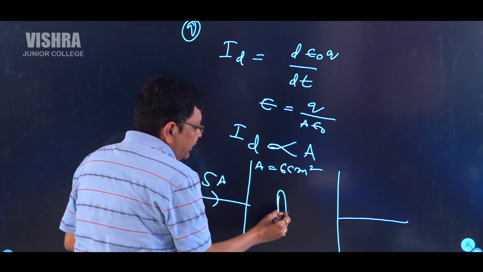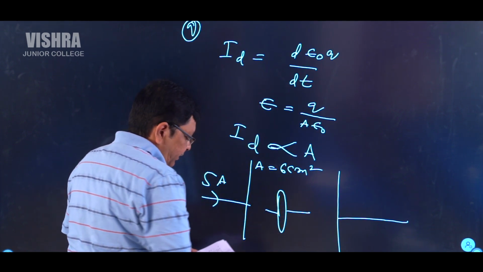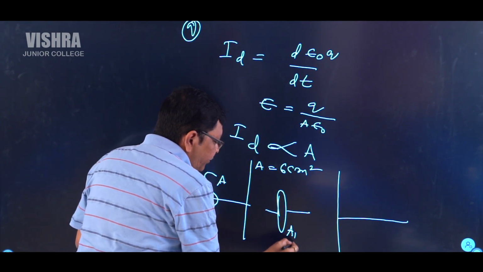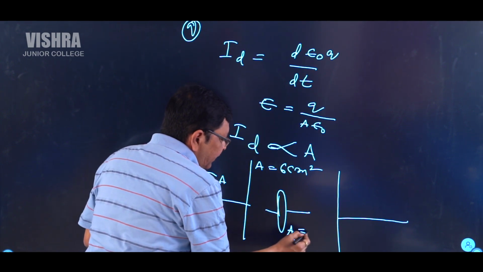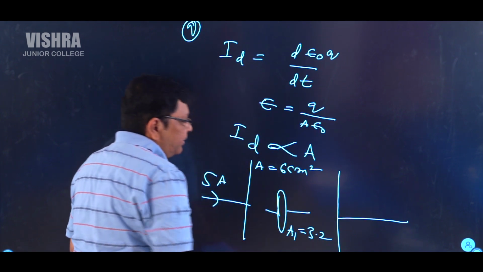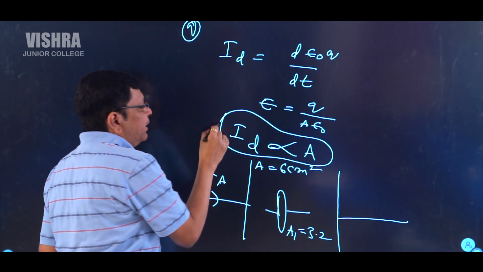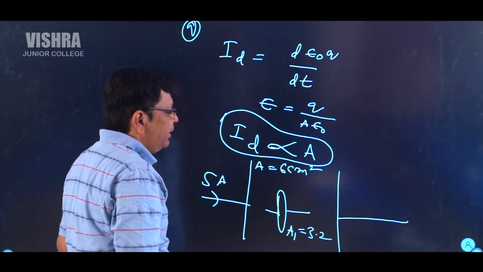In the region lying between the two plates of the capacitor, it is asking for the displacement current through a portion of area only 3.2 centimeters square. So from this relation, displacement current is directly proportional to area.